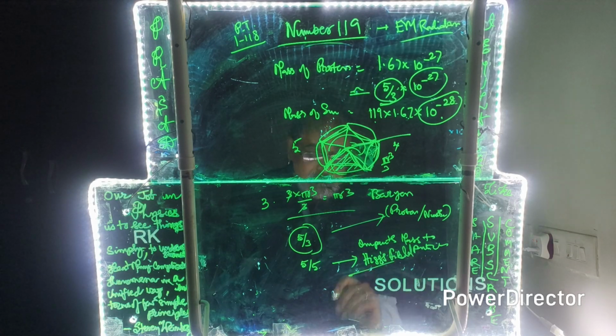Next, then similarly we can have 5 by 4, 5 by 2, 5 by 1.